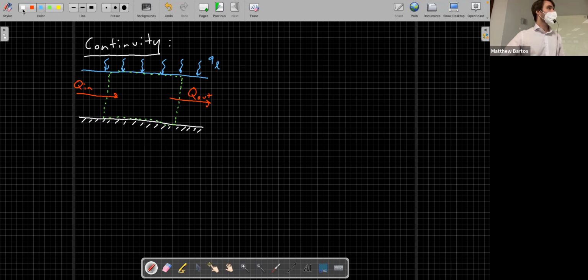And finally, let's just define the dimensions of the control volume. Let's say the length of the control volume in the longitudinal direction is delta x. And I'm going to go ahead and draw a cross-sectional view of this control volume as well. So this is looking straight on into the channel.